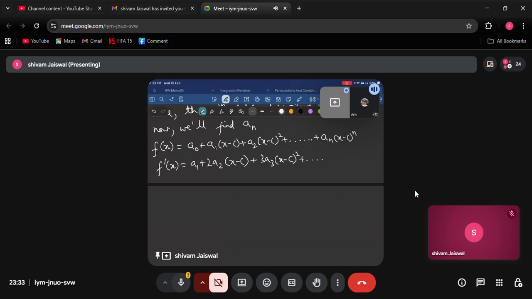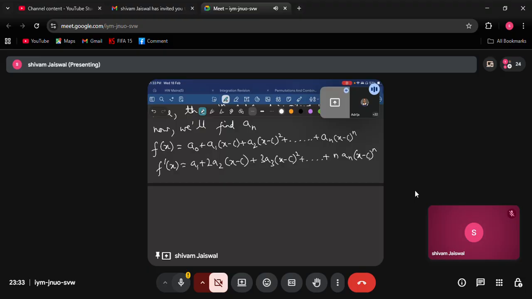If you are unable to understand, you can ask me. C is just a constant, an arbitrary constant on the real axis. It can be 1, 2, 3, any real number.